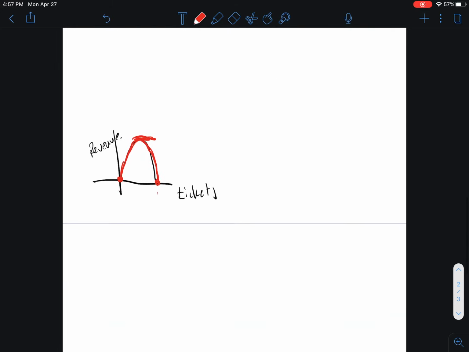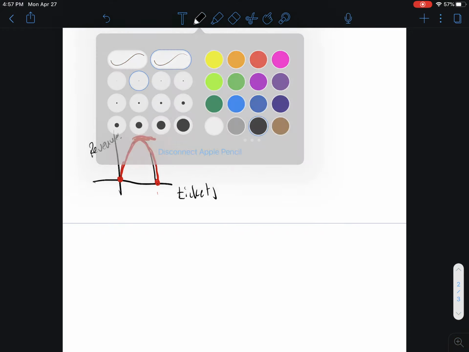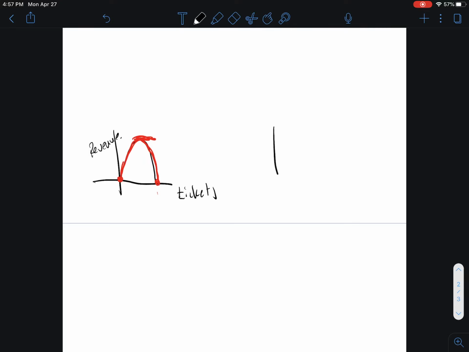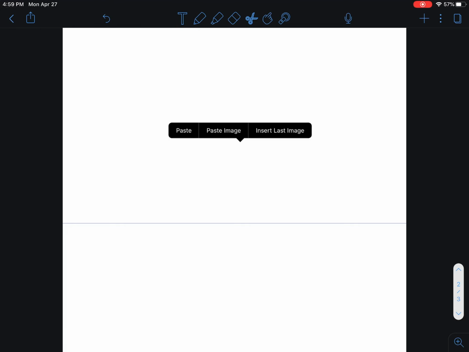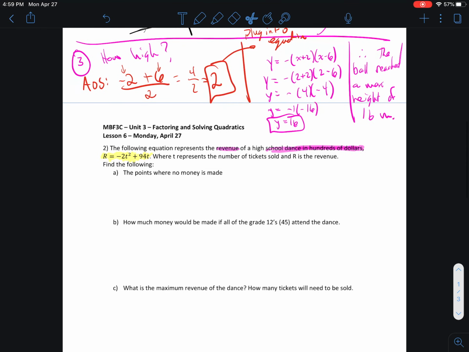This question might not be like that, since if you don't sell anything, you don't make anything. But there may be moments where the parabola could be slid over, at which point you're going to have 2 different break-even points. This question here is probably going to be on the 0, and we'll see why in a second.